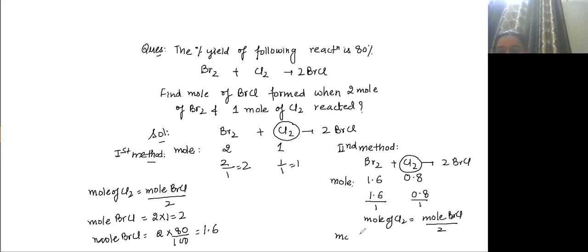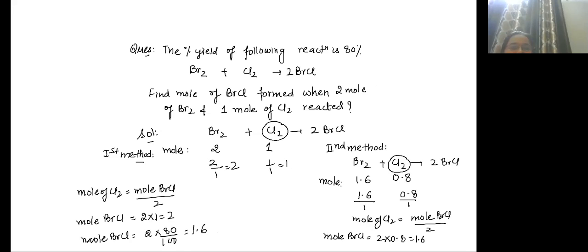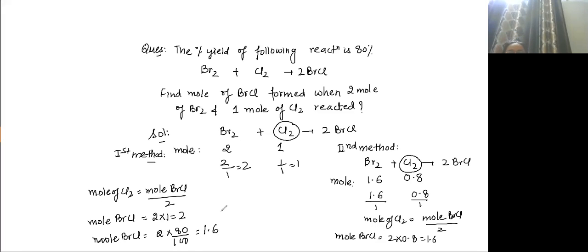So moles of BrCl is 2 into 0.8, that is 1.6. So both methods are correct. In the starting you can do this, or at the end you can multiply by 80. So Br2 is 2 into 80 by 100, coming as 1.6, and Cl2 is 1 into 80 by 100, coming out as 0.8.